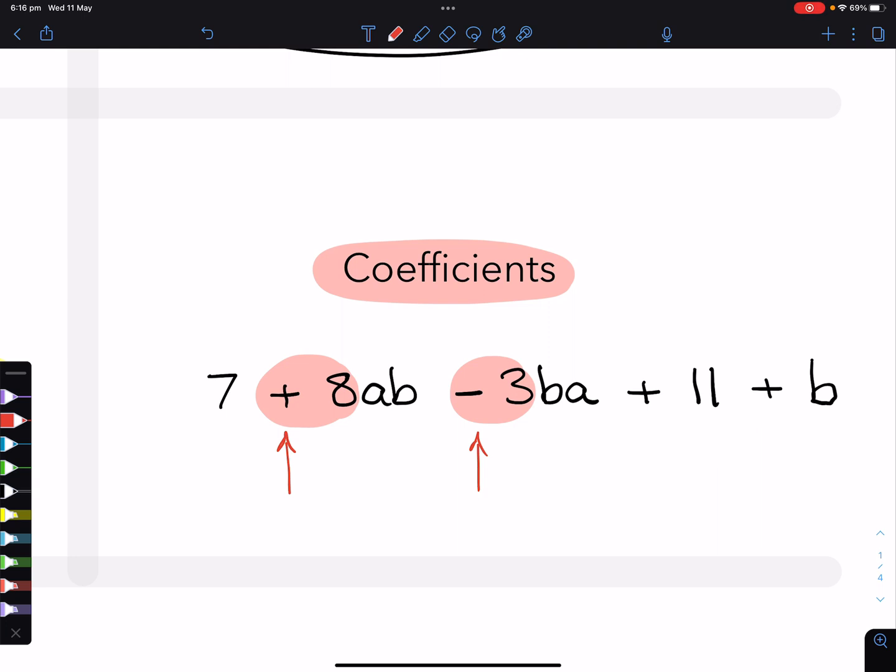What if there is nothing next to it? So let's say this is not a coefficient because it's not together with anyone. Co means together. So this one's not together with a letter, but let me just make up one. So I'll just put a letter C next to it. There's no sign in front of it. That's because there's an invisible plus sign in front.